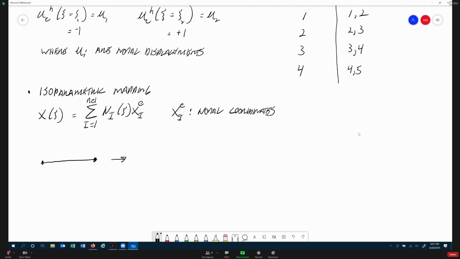So we're in x space, and we're in ξ space. This is e plus 1. Our domain is Omega^e. And we're going to call this x1^e, x2^e.